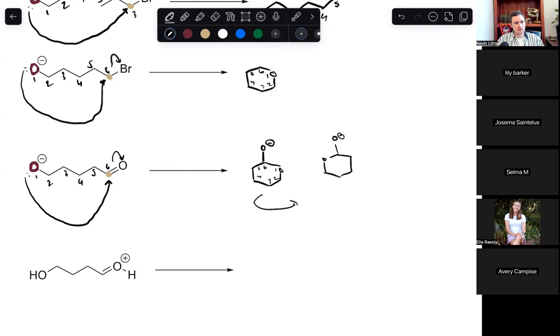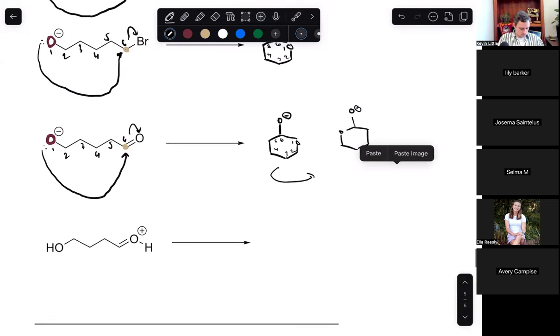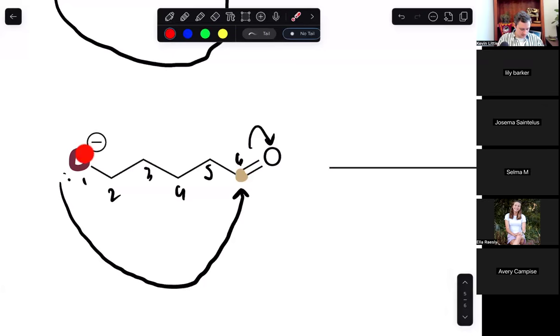How do you know whether it becomes part of the ring or becomes branched off the ring? So, 1 is connected to 6. So everything that's between 1 and 6, everything that connects 1 to 6 directly is part of the ring, right? This is the circle you make.